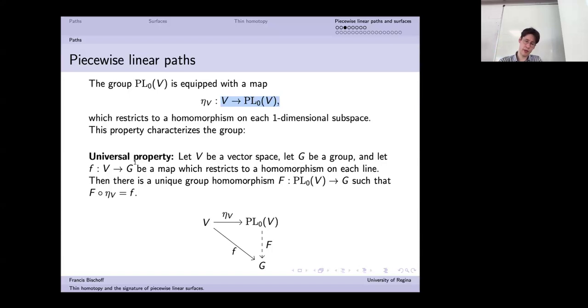So here's the property: let V be a vector space, let G be a group, and let F be a map, which is not a homomorphism, but it restricts to a homomorphism on each one-dimensional subspace of V, on each line. Then there is a unique group homomorphism from this group of piecewise linear paths to G, such that it makes this diagram commute.